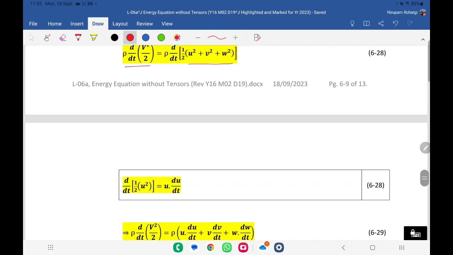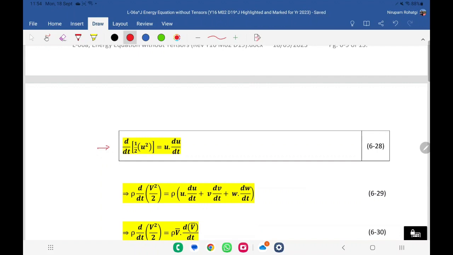Now you know that this derivative is equal to this much. U into u, find out the derivative, it will be equal to 2u du by dt, and there is a half, it will cancel, so you will get this.